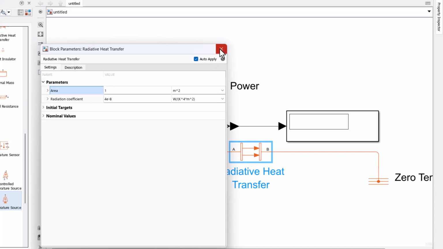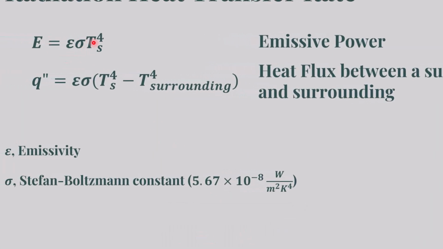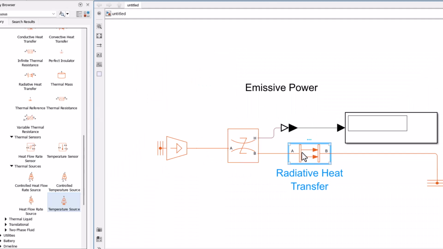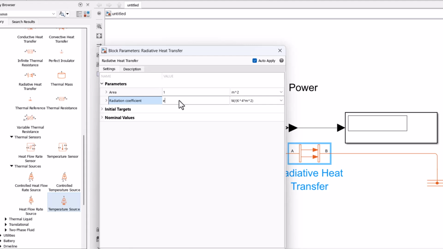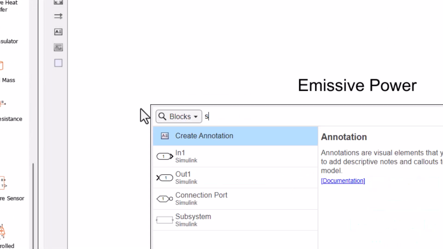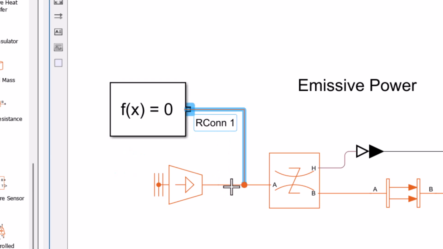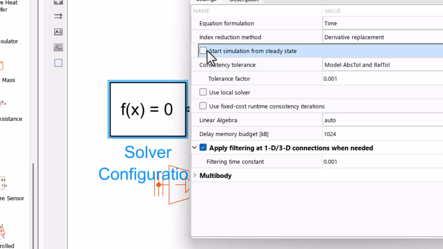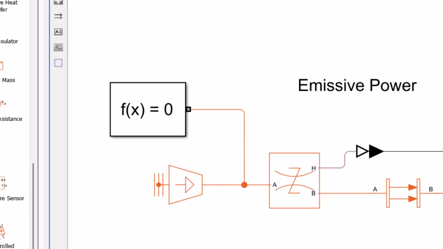I set it equal to 1 since in this formula, the emissive power, there is no area. I have to set area equal to 1 to get rid of it. And I already got rid of T surrounding. I only need to define this product, epsilon times sigma. So the radiation coefficient is epsilon times sigma. Remember that. And sigma was 5.67 E negative 8, and epsilon in this problem is 0.8. I also need a solver configuration block, and I solve from steady state to get rid of transients.